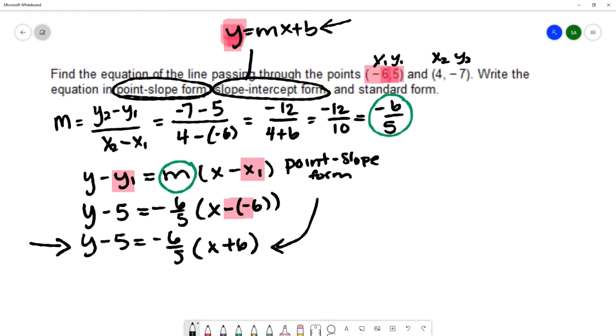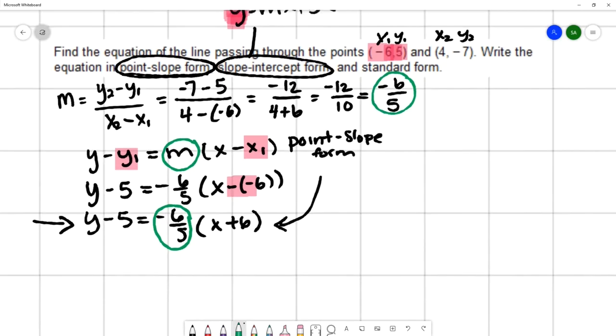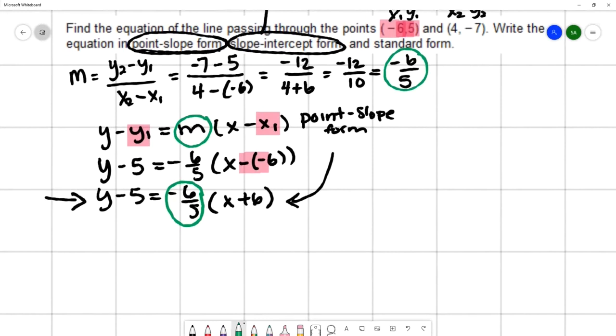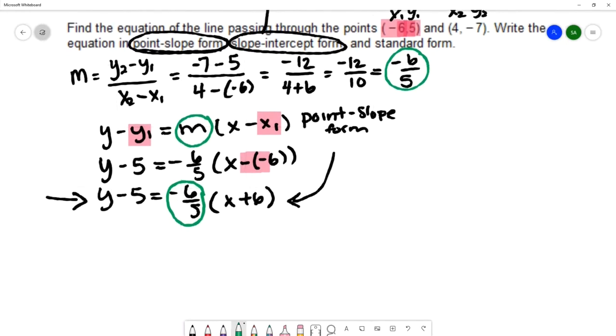In this example, we have a slope that is fractional, so this can be a little bit messy. I'm going to use a technique that allows us to avoid adding fractions and having to get a common denominator. I'm starting with the equation y minus 5 equals negative 6/5 times x plus 6.